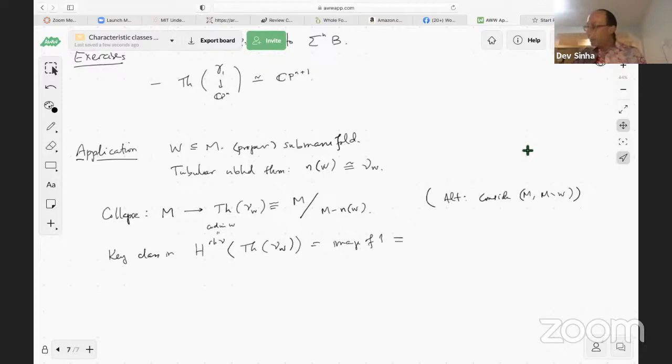And it's often, by the way, called U. That's what it's called in Milnor and Stasheff. So under collapse, or pulled back via collapse, it goes to something.